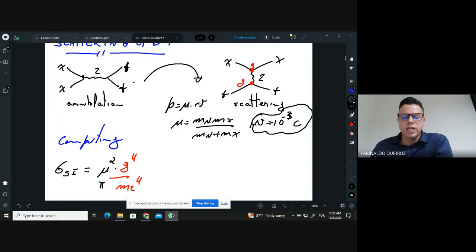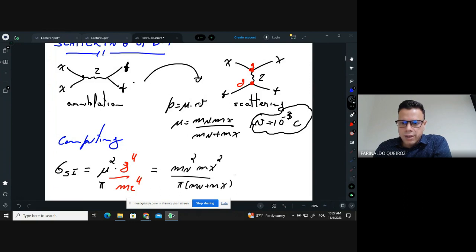So this is the scattering cross section. Let's look at this behavior. As you see, this is equal to mu, which is mn squared m chi squared over pi times mn plus m chi squared, times g to the 4th over mz to the 4th.